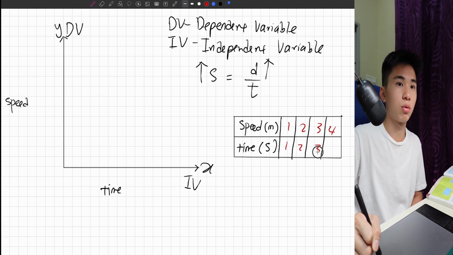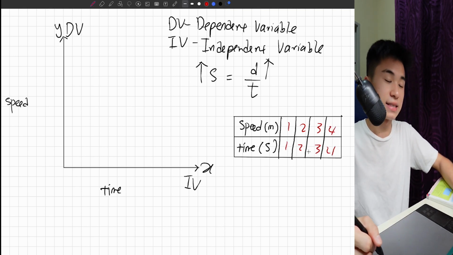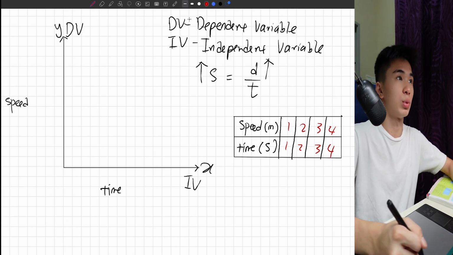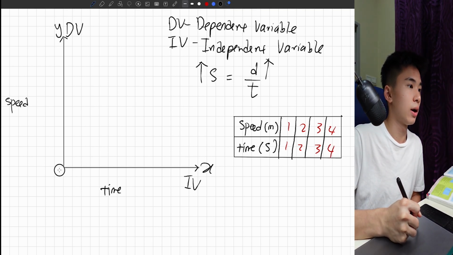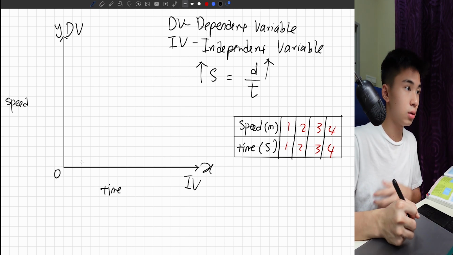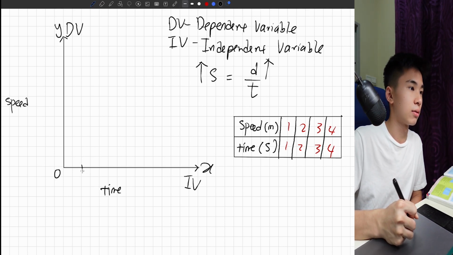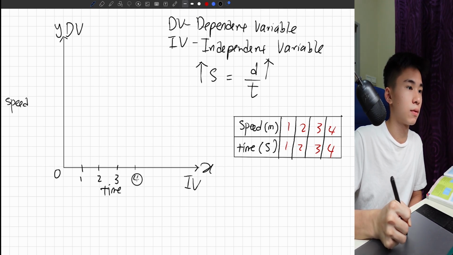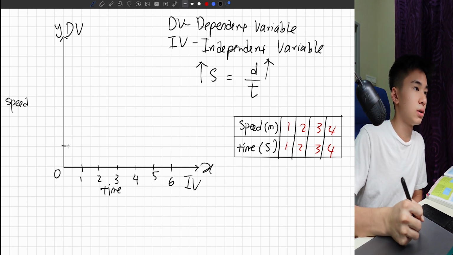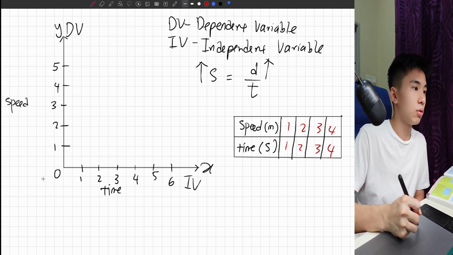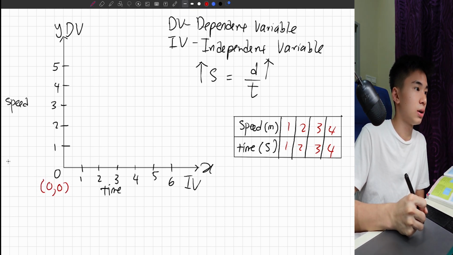To make it less complicated, I'm just going to use 1, 2, 3, 4. Now I'm going to add in all the scale, which means the number line 1, 2, 3, 4, 5, and 6. Right here, I will do the same. By the way, this point 0, 0, we call the origin.